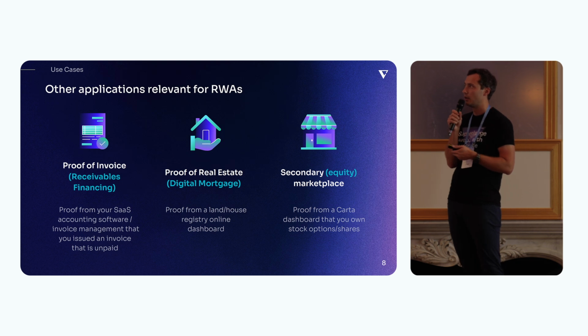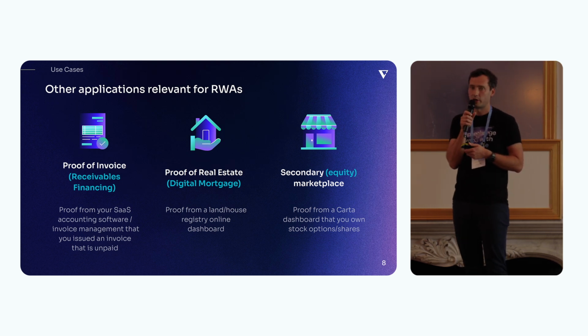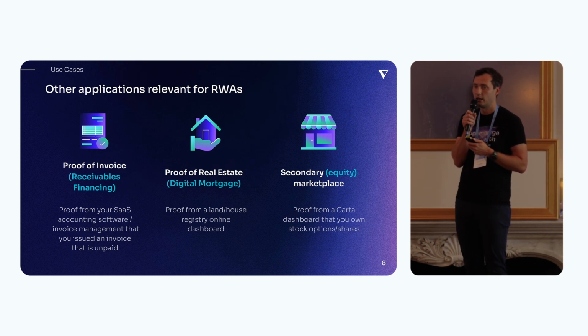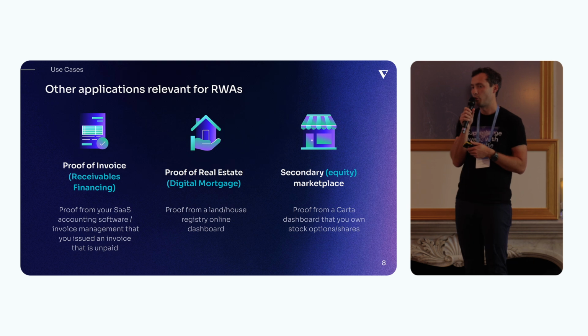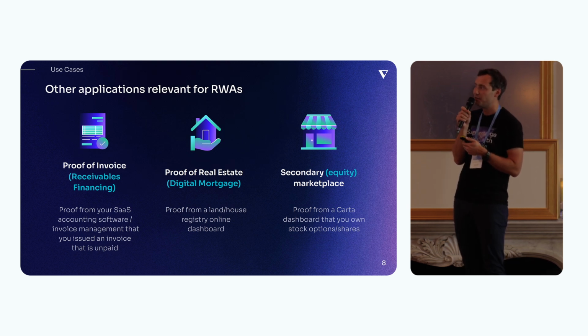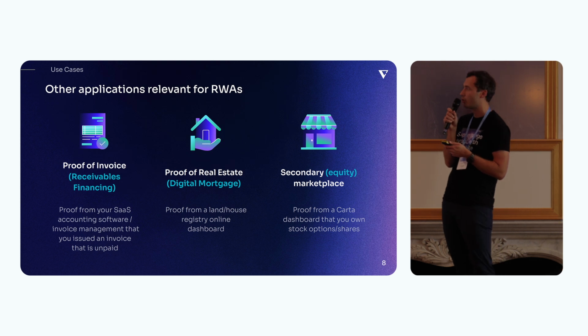There's a bunch of other classes of RWAs. There's more and more chatter around receivables financing. There's a bunch of SaaS platforms that are used for managing invoices and making sure that the payables are coming in. Again, directly from the browser, you could generate proofs that a particular title to revenue is valid and unpaid. And again, that could be transmitted directly to the RWA smart contract.